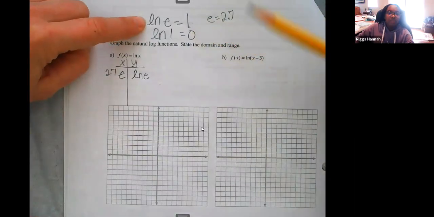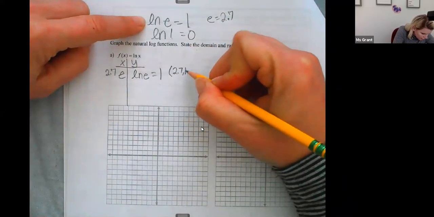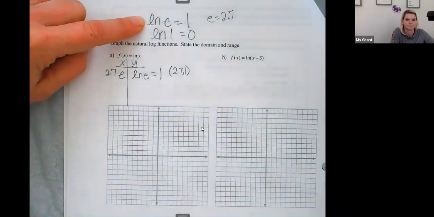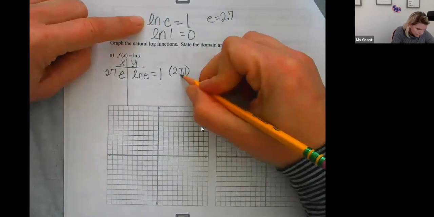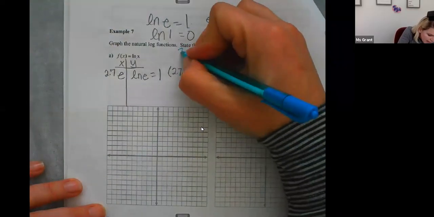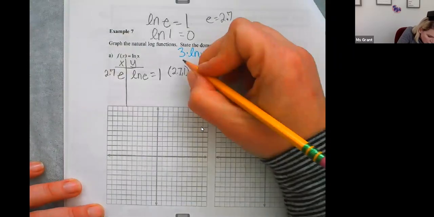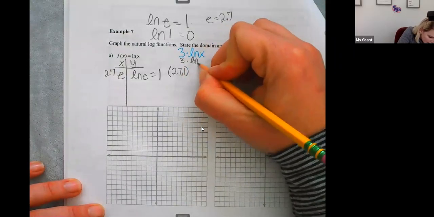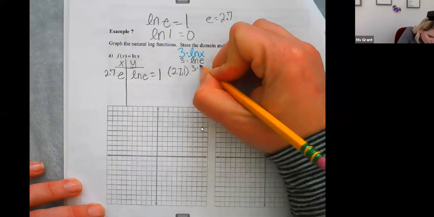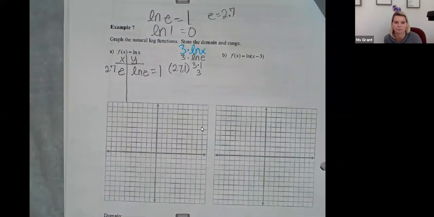It's 1, which means I now have an ordered pair 2.7, comma 1. And what if I had a 3 in front? 3 times ln of X. No problem. You just multiply 3 times ln of E. 3 times 1. Okay, there could be a number in front, it doesn't matter.